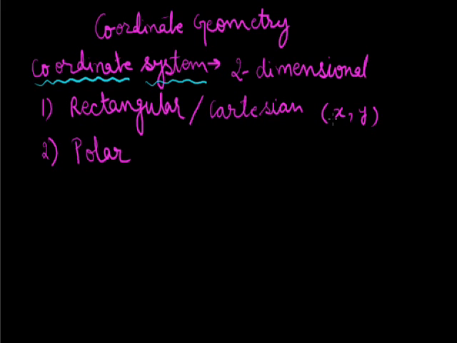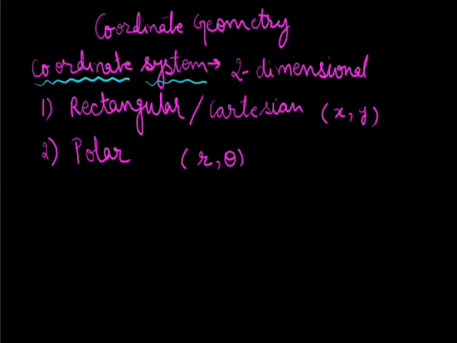And in the polar coordinate system it is represented by r and theta, where r is the distance of the particular point from the origin and theta is the angle.